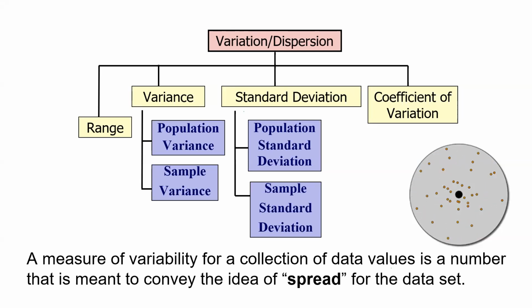Remember yesterday, my example? Students A and B have the same average or same measure of central tendency, but they have different spread. That's why we will now discuss this one.